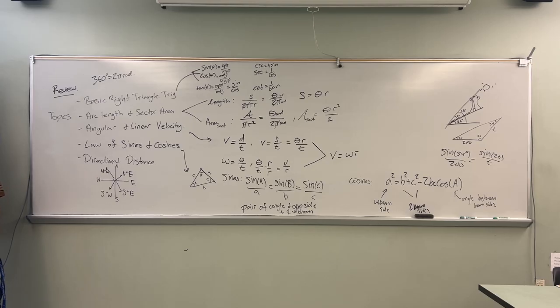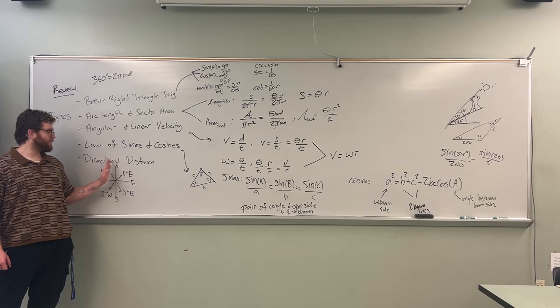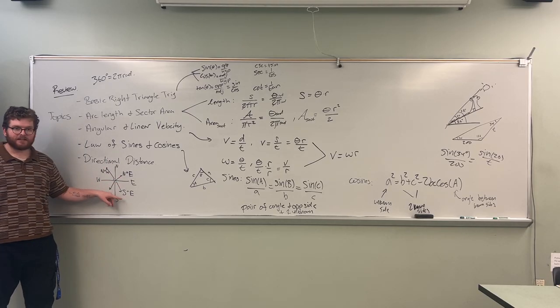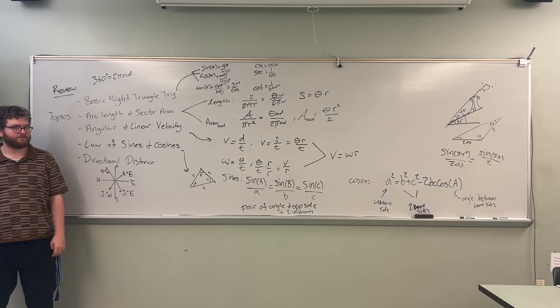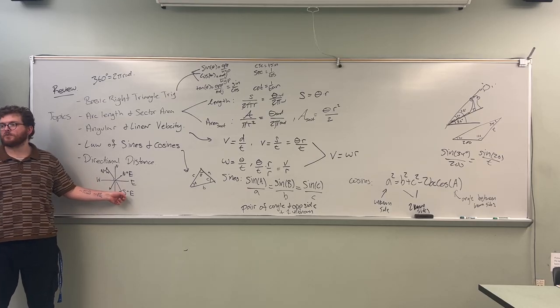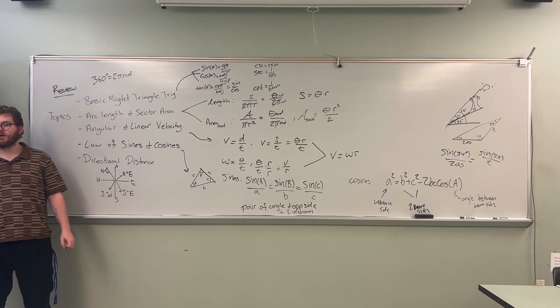So for example, north 10 degrees east is over here with 10 degrees off of north. Or south 10 degrees east is going to be down here with 10 degrees off of south. So the degree measure is always how much away from the first thing you are. The second measure is in what direction away are you.